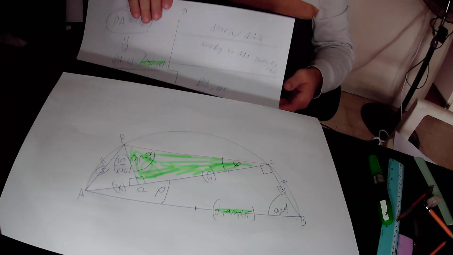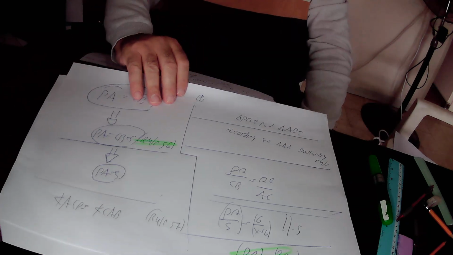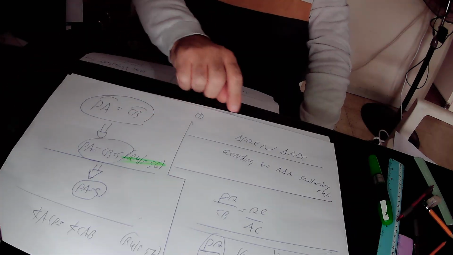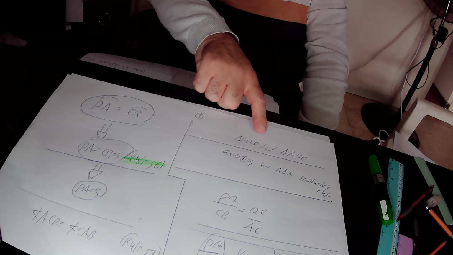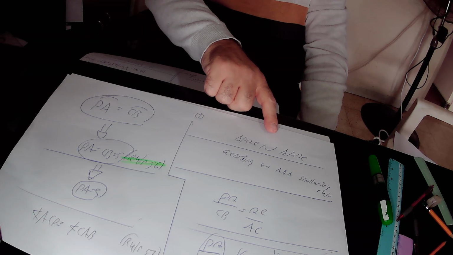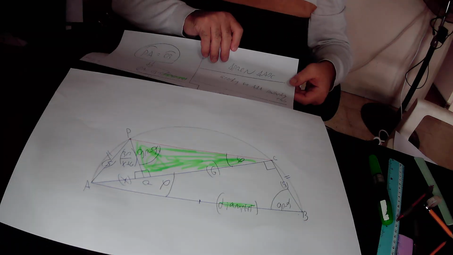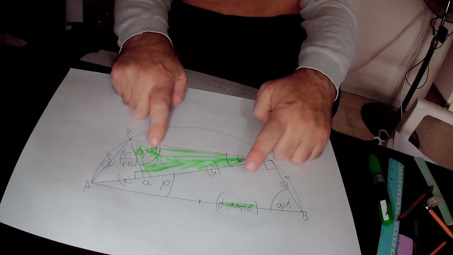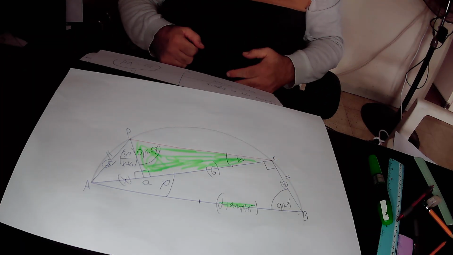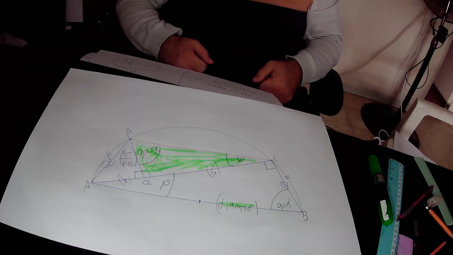So again, we find that the right triangle PQC is similar, this is the sign of similarity, to the right lower triangle ABC according to the angle similarity rule. And from the fact that those two right triangles are similar to each other, we derive that the following relationship exists between their sides.